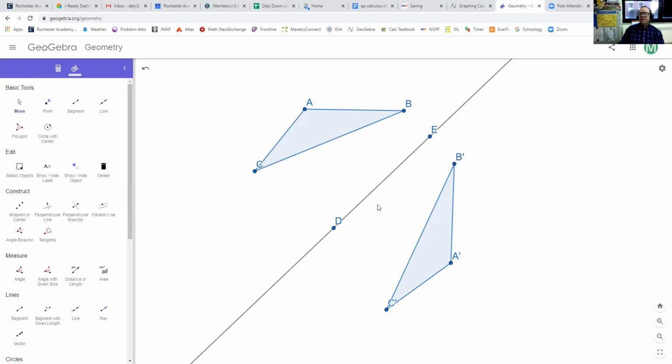One thing I really like to point out to students as they look at this is to notice the order of the points as we go clockwise around a triangle. So going clockwise around the original triangle, we have A, B, C. But if we do the same thing with the reflected triangle, it's A prime to C prime to B prime.